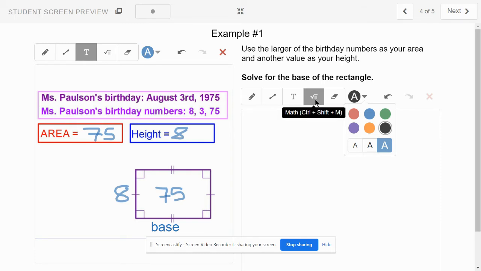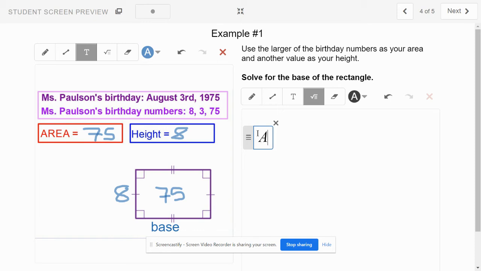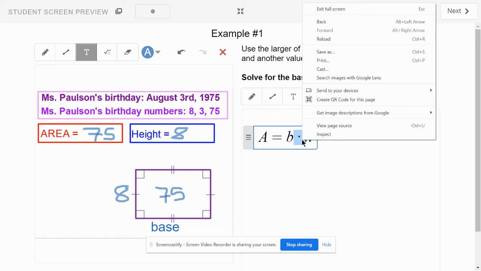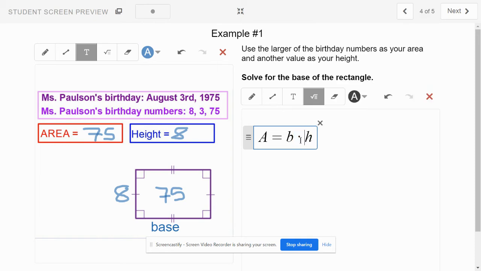Notice that I am in the math writing text. I know area is base times height. And this times was found with an asterisk, Shift 8. But I also know the area is 75. That's equal to 8 times the base.